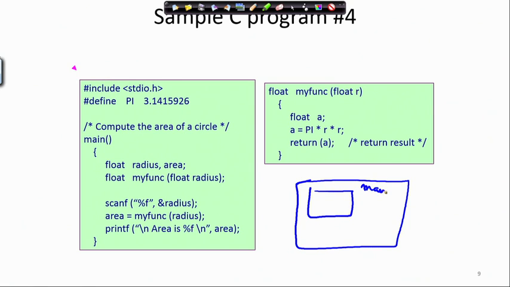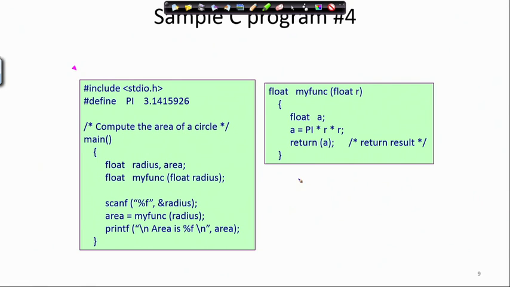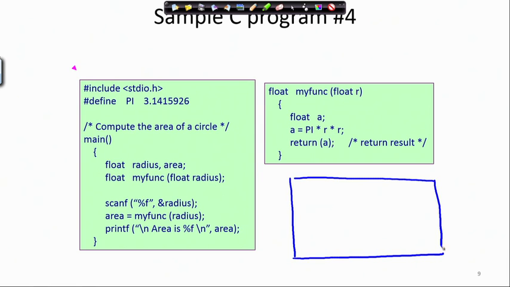Let me draw it a little nicely. Here we have got a main function, and inside there is another function whose name is my function. All right. Now, let us look at this.